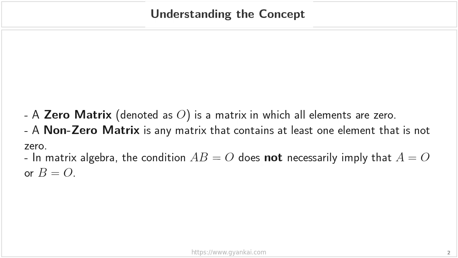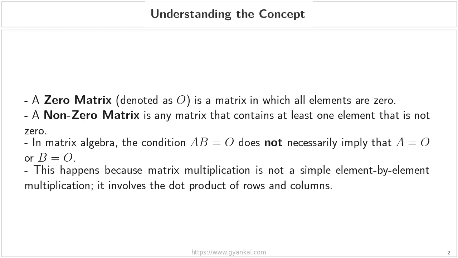As I mentioned in the previous slide, in matrix algebra, the condition that matrix A multiplied by matrix B equals the zero matrix does not necessarily imply that either matrix A or matrix B must be a zero matrix. You might find this surprising, but this occurs because matrix multiplication is not a simple element-by-element operation. Instead, it involves the dot product of the rows of the first matrix and the columns of the second.